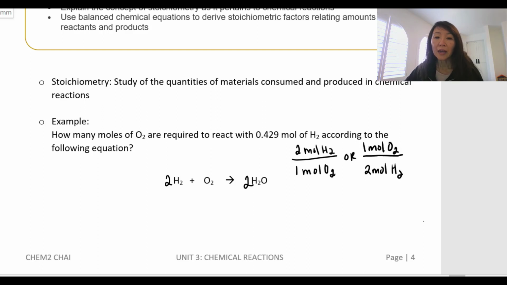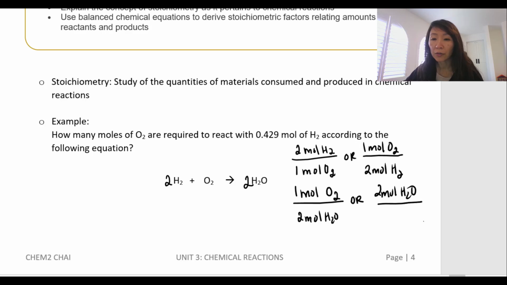We can also compare between the reactant and the product as well. So 1 mole of O2 all over 2 moles of H2O, or you can write this as 2 moles of H2O all over 1 mole of O2.